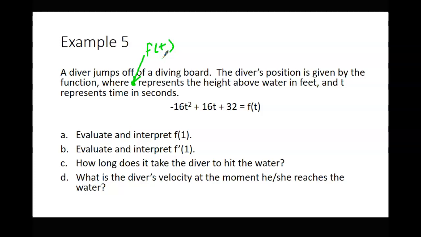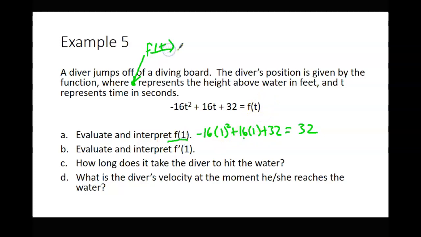Now part A says evaluate and interpret f of 1. So evaluate means just plug it in. So let's go ahead and do that. 16 times 1 squared plus 16 times 1 plus 32. What would that give me? That'd be 16, negative 16, positive 16. We would end up with 32. Now that's 32 what? I plugged in 1 for t, and I get an answer out. That tells me what f of 1 is.